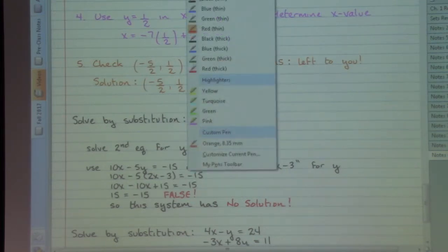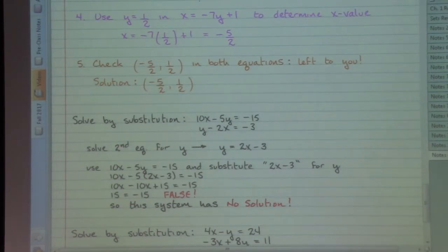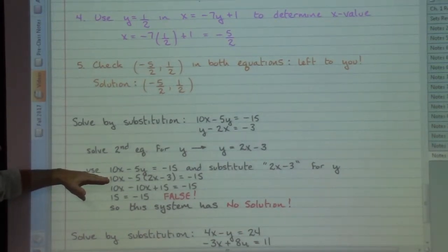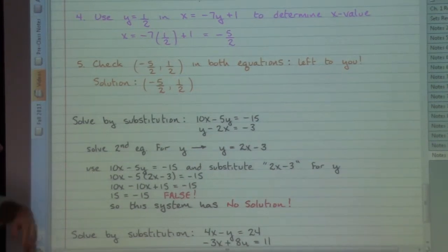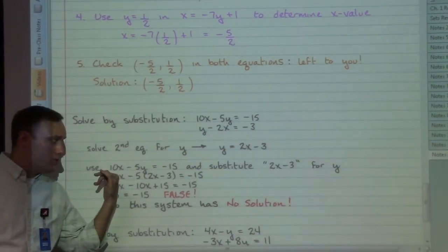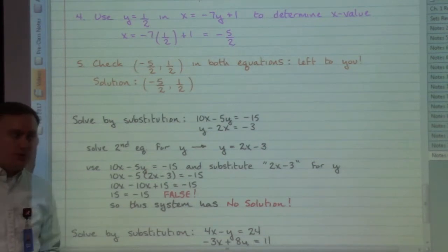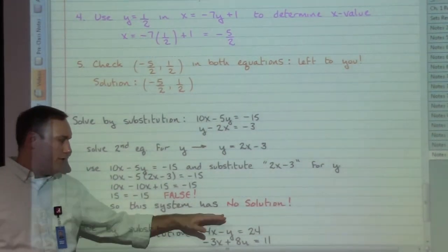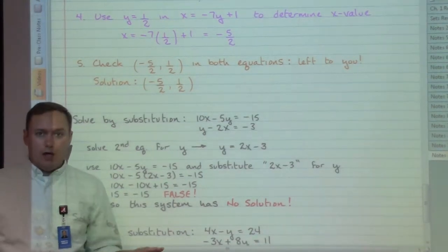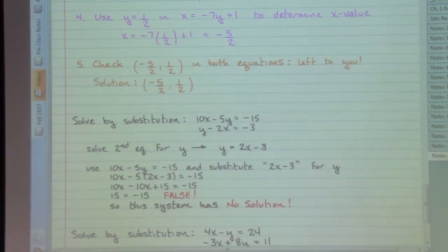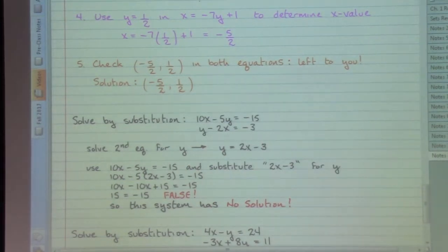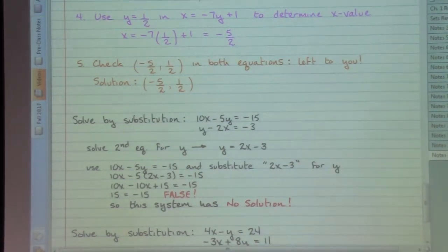Just like the equation by itself that we were trying to solve, 10x minus 5(2x minus 3) equals negative 15, that equation has no solution. Because it has no solution and it came from a system, the entire system itself has no solution. We're done. There's no other work involved when we have some of these special kinds of situations that show up.